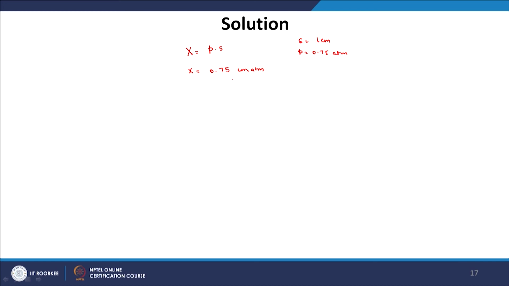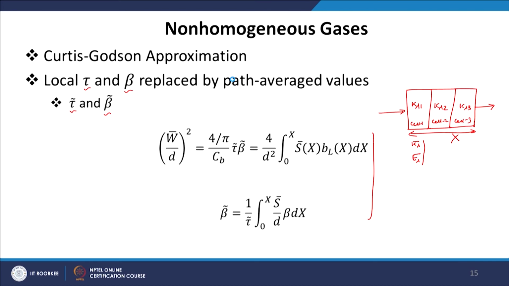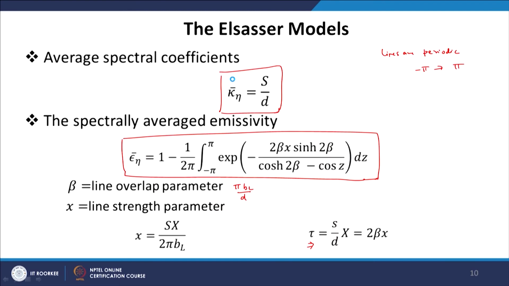Let me quickly show you the relations we are going to use. For the Elsasser model we calculate the mean emissivity from this relation. Of course, solving this integral is not easy, so I will just give you the final result.